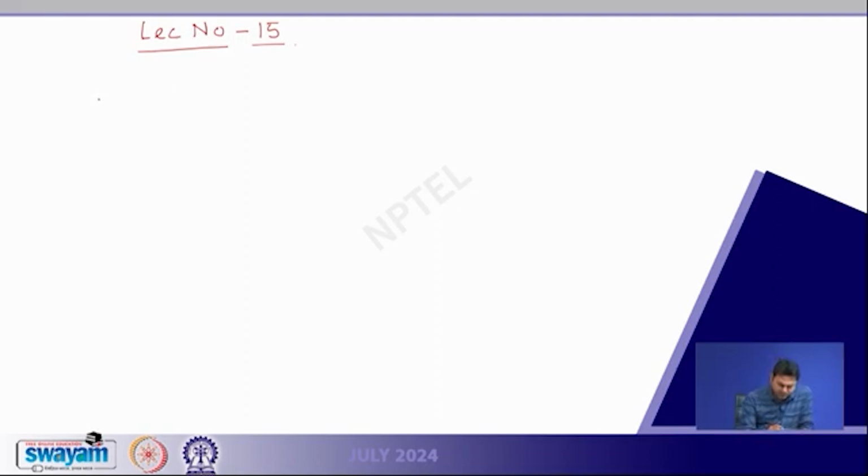So let me remind what we have done so far. If we have one source point S, and the waves are emitting from this source point through another two source points S1 and S2, say this is S1 and this is S2, and it is reaching some point P, then the two waves coming from the sources S1 and S2 will superpose at this point P. After doing all the calculation, we find that I can write the intensity at the point P in this way.